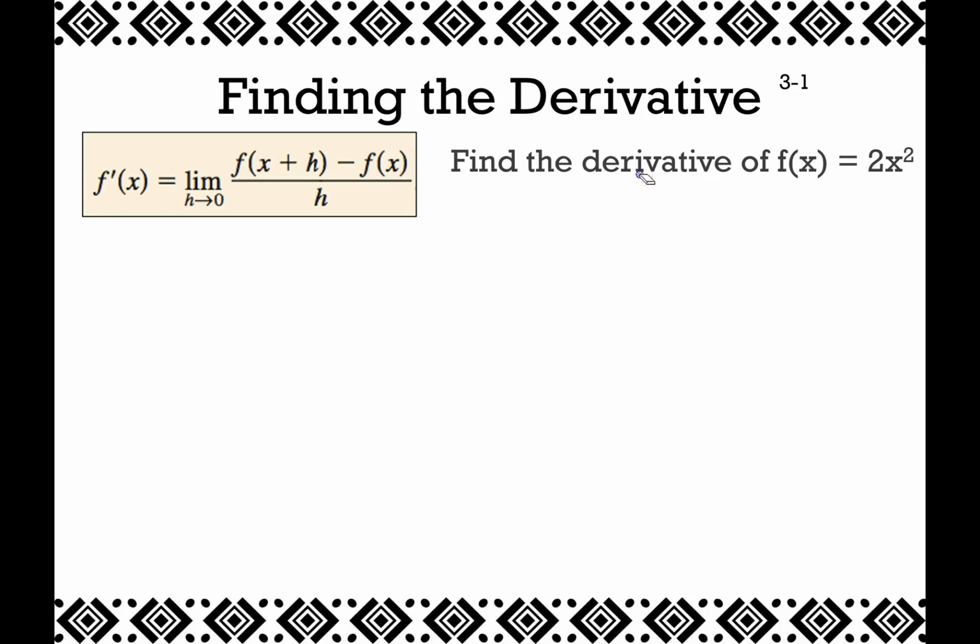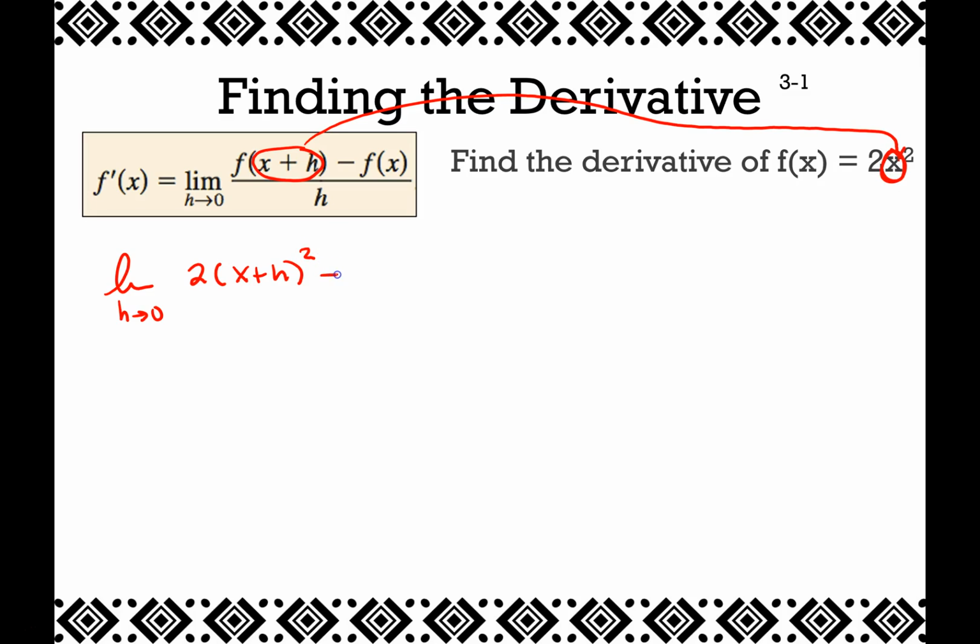All right, so we're going to have the limit as h approaches 0, and instead of putting in a plus h, I'm going to put in x plus h right in there. So I'm going to have 2 times parentheses x plus h squared, right? I'm just replacing this x with x plus h.